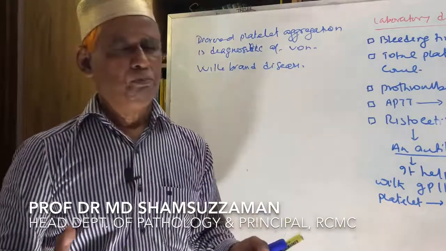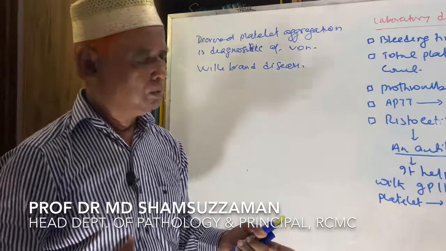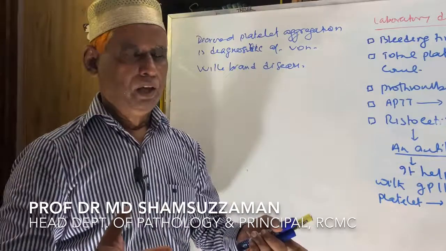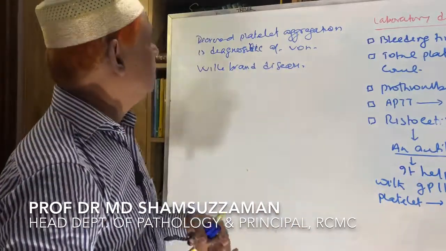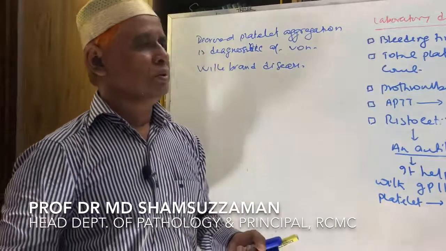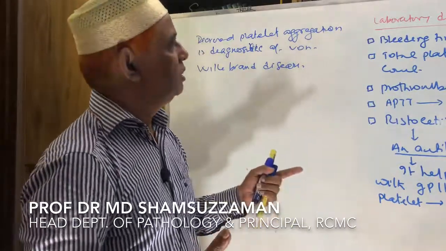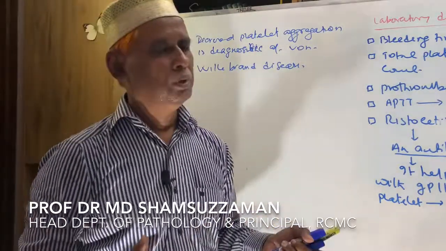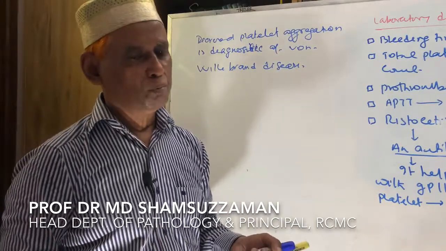The role of the factor is to help in normal hemostasis. How? It helps in platelet adhesion and helps to stabilize factor 8. It is a common hereditary hemorrhagic disorder due to either quantitative defect or qualitative defect of von Willebrand factor.